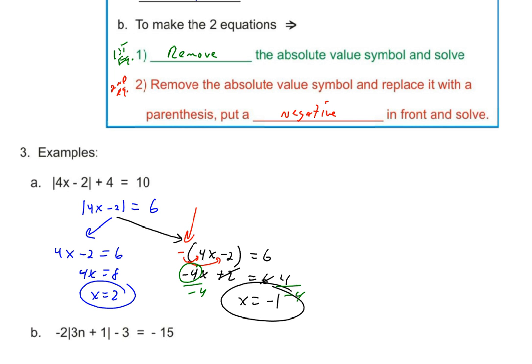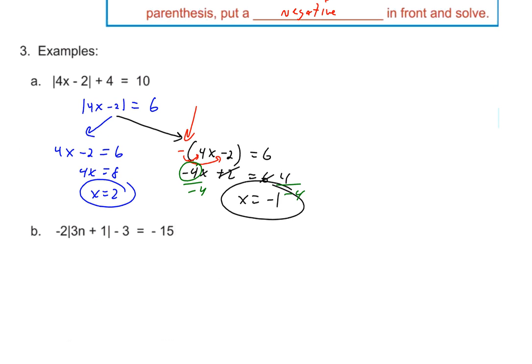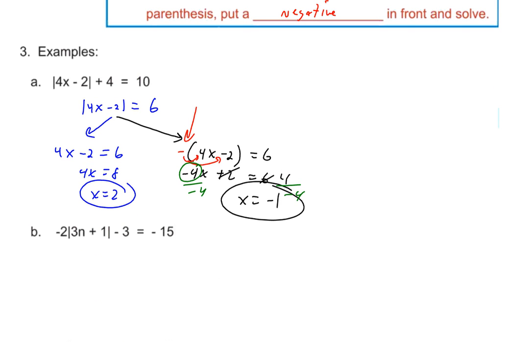Rachel. For the first equation, how did you keep the -2? I thought the absolute value went the wrong way here. Well, remember, we solve the absolute value, and the procedure to solve is the first time, get rid of the absolute value and just solve.